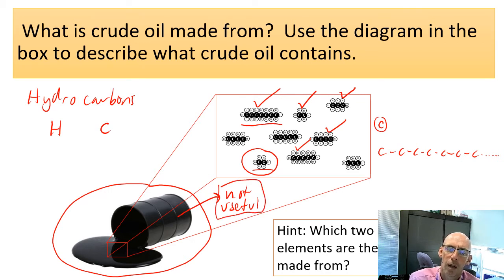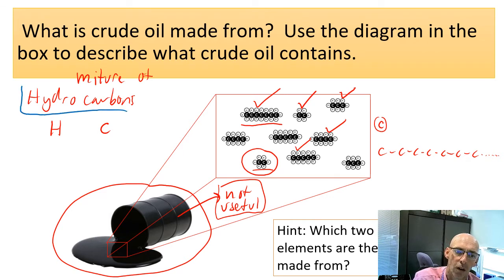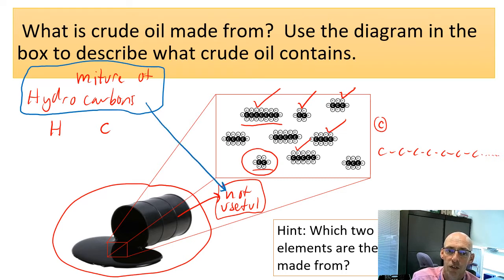It's not useful because it is a mixture of hydrocarbons. So a definition of crude oil would be a mixture of different length hydrocarbons. And the reason it's not very useful is because it is a mixture. So obviously what we need to do is separate them out.